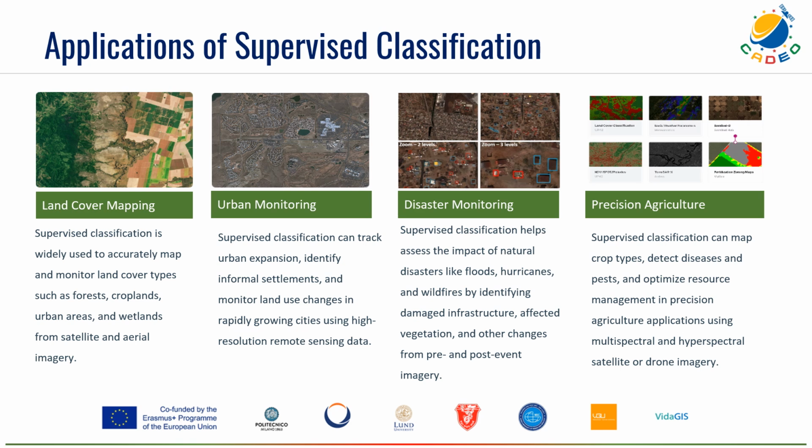In the aftermath of natural disasters such as floods, wildfires, or earthquakes, supervised classification can be used to rapidly map the extent of damage and identify affected areas. This information is essential for coordinating emergency response efforts, allocating resources, and assessing the long-term impact on communities and the environment.